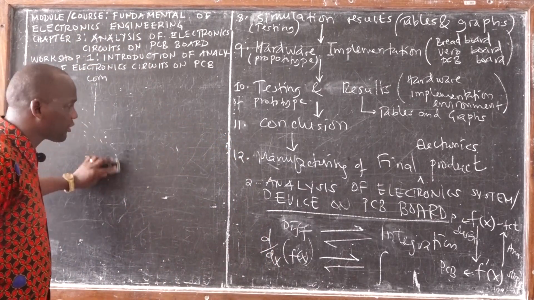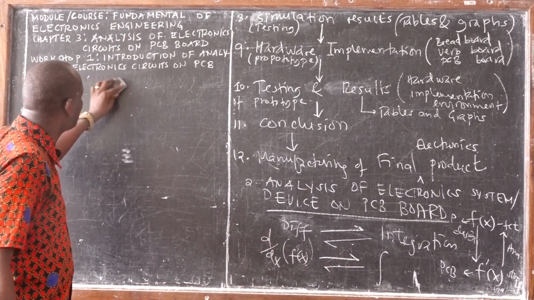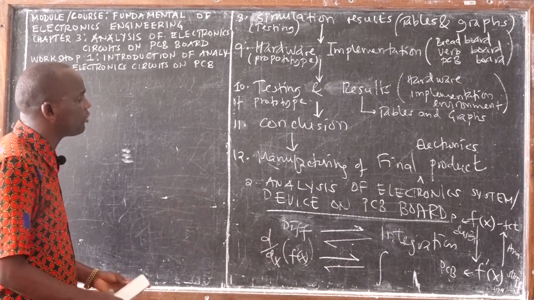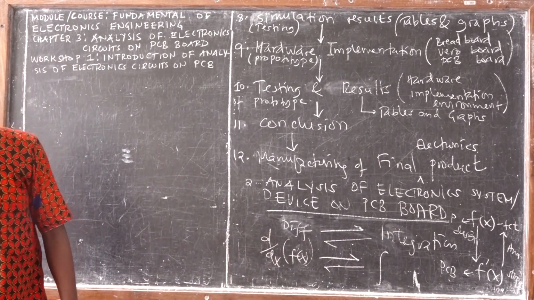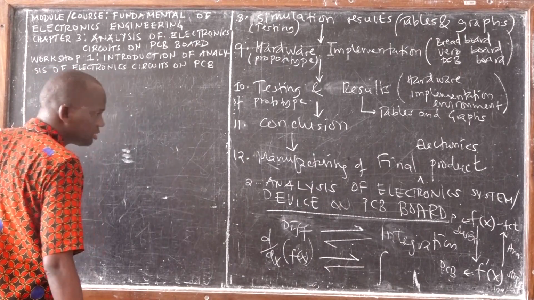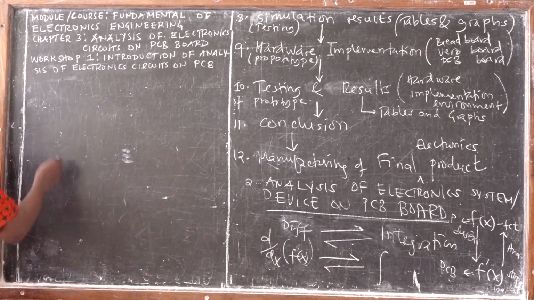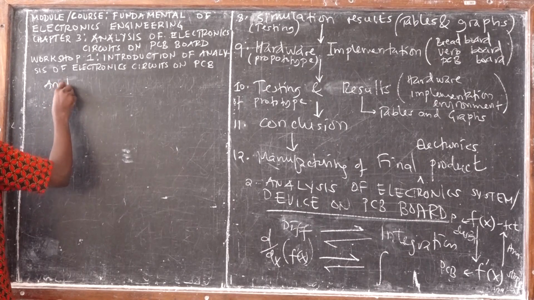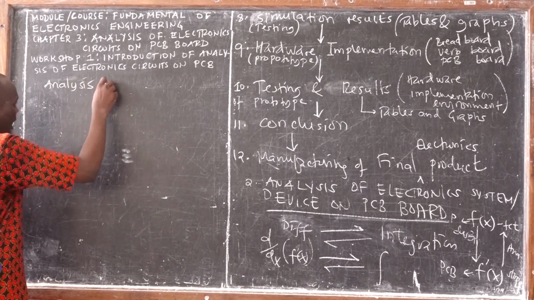So design of an electronic system or device on the PCB board is the reverse process of analysis of an electronic system or device. Let's write short notes.